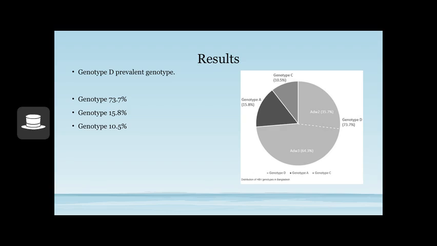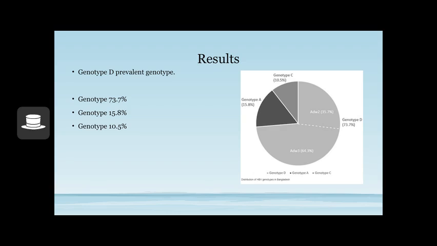After phylogenetic analysis, 14 samples were found to be genotype D, followed by genotype A, and then genotype C. The phylogenetic tree revealed the similarity of these sequences varying regionally across the world.